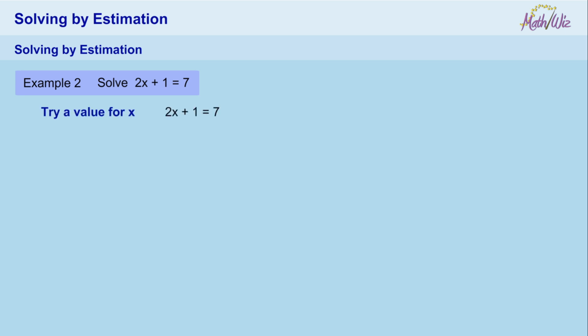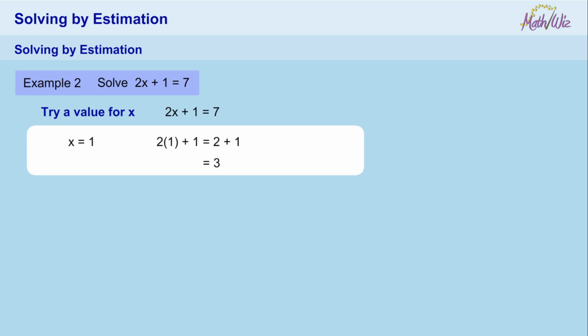Let's try another one that's a bit more complex. Example 2. Solve 2x plus 1 equals 7. Let's try a value for x. x equals 1. Substituting 1 for x and carrying out the calculations, the left side results in 3 and is not equal to the right side, which is 7. Therefore, the left side is not equal to the right side, and this is not the solution.